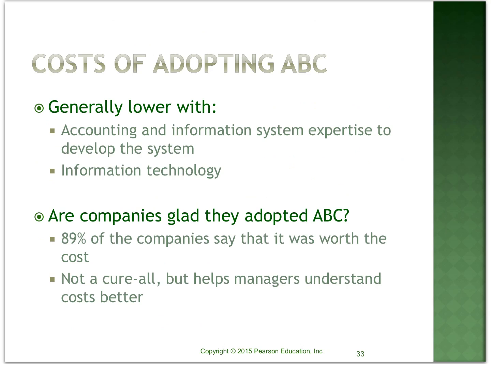A survey showed that in the majority of companies surveyed, the value of ABC exceeded the costs of implementing ABC. In other words, it was worth it. ABC is not, however, a cure-all. As the controller for one Midwest manufacturer said, ABC will not reduce cost. It will only help you understand costs better to know what to correct.